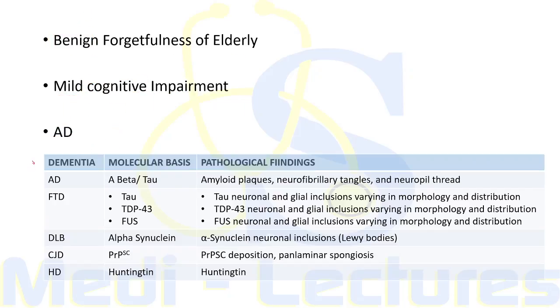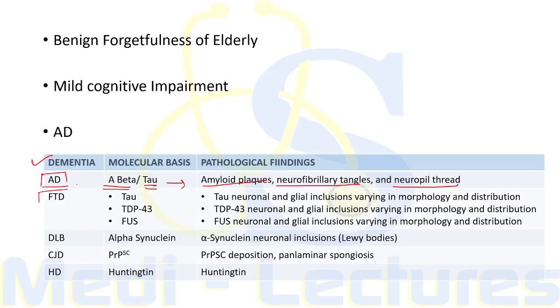Now let's see some common dementias, its molecular basis and pathologic findings. So in Alzheimer's disease, there is deposition of A beta amyloid and tau protein, leading to formation of amyloid plaques, neurofibrillary tangles and neuropil thread.